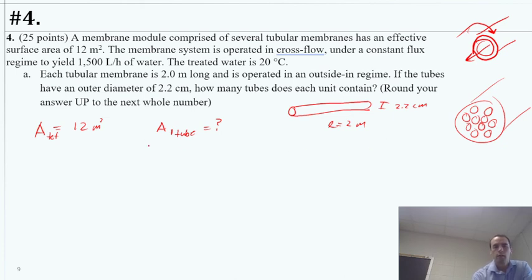So the area here should be length times 2 pi r, or pi times diameter here. So that's going to be 2 meters times 0.022 meters. And keep in mind this is centimeters, so that's 1/100th of a meter. This is not millimeters.